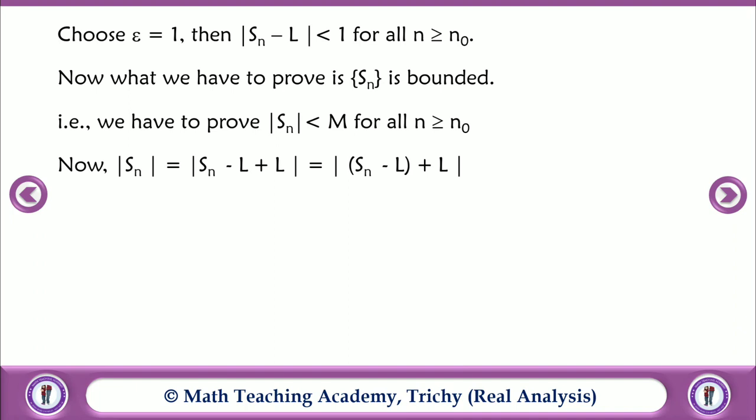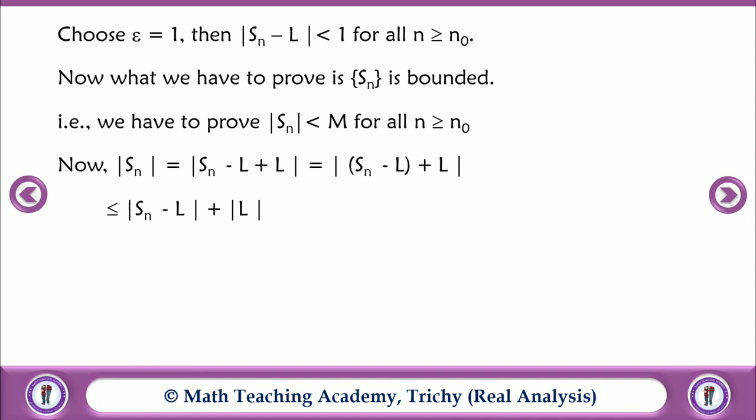So this can be written as modulus of Sn minus L plus L, which is less than or equal to mod Sn minus L plus mod L with the help of the triangle inequality, because the triangle inequality says that mod x plus y is less than or equal to mod x plus mod y.